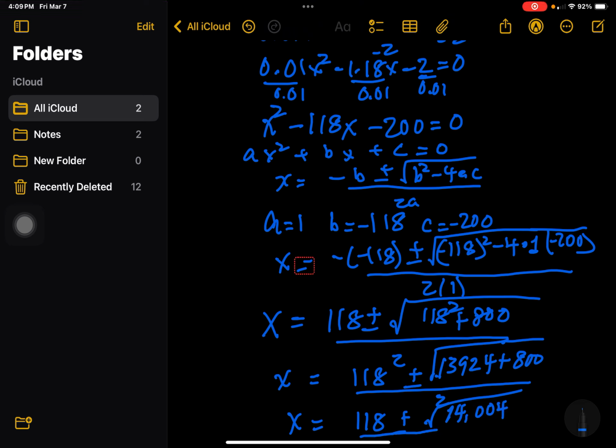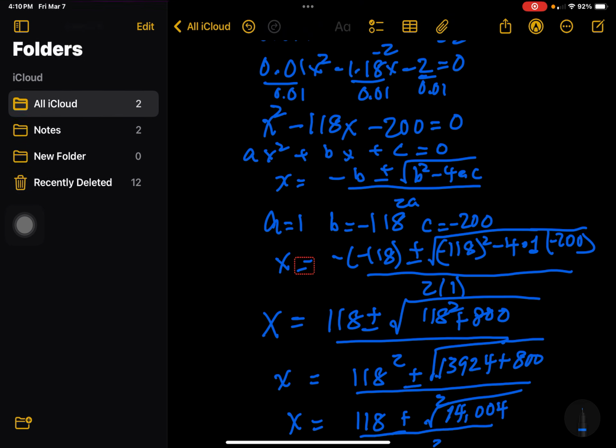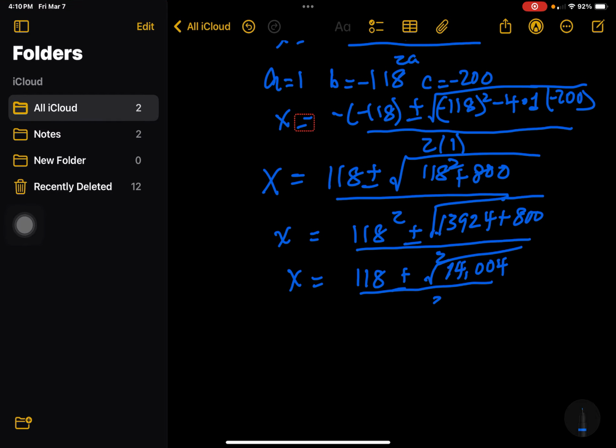14,004 divided by 2. Now we have to take only the positive value of the square root, because although it is plus minus, distance cannot be negative. So x is equal to 118 plus, so I have to do the square root of 14,004, which is equal to plus minus 118.34 divided by 2.